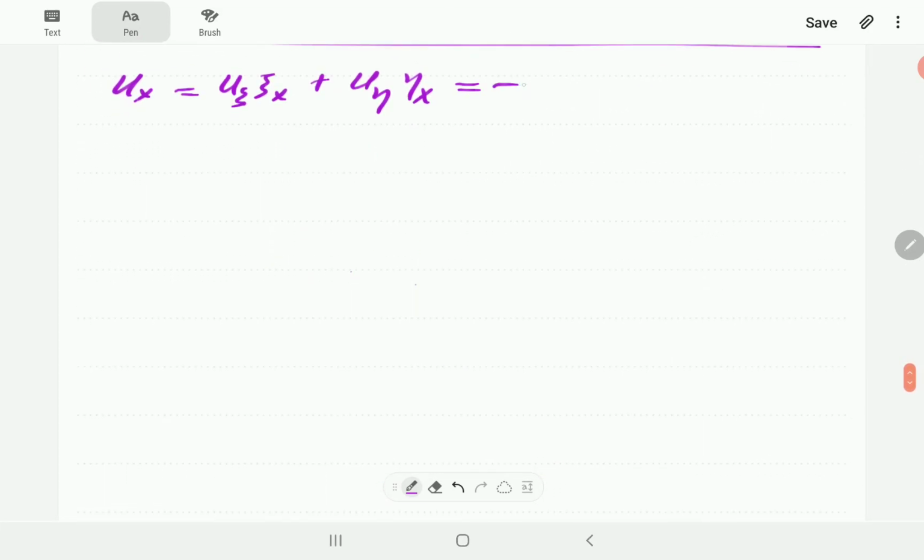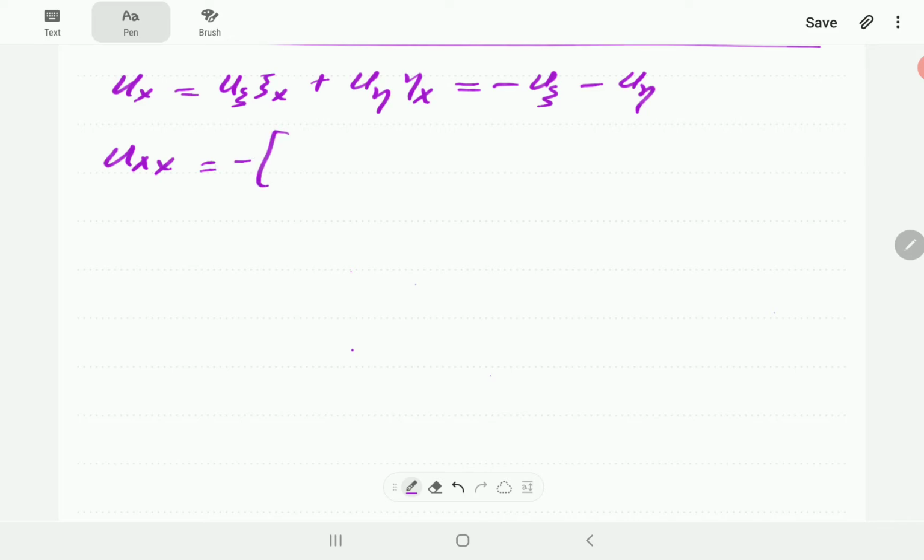So this is going to be negative u_xi minus u_eta. Okay, then the second order derivative, we're going to have negative.